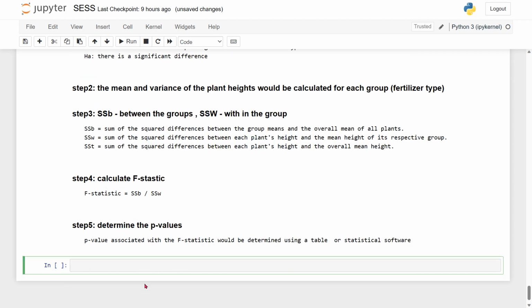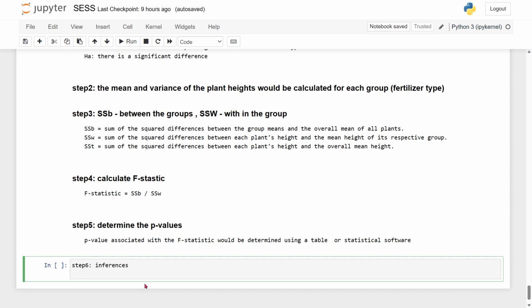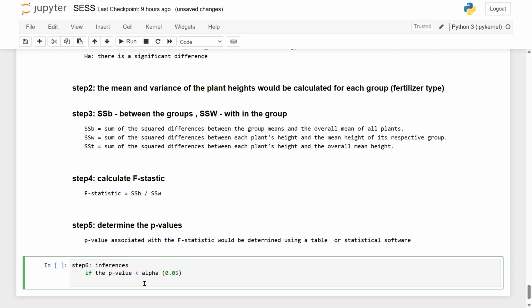That's it. The final step is the conclusion. If the p-value is less than the significance level, alpha, which is 0.05, then what will we do?